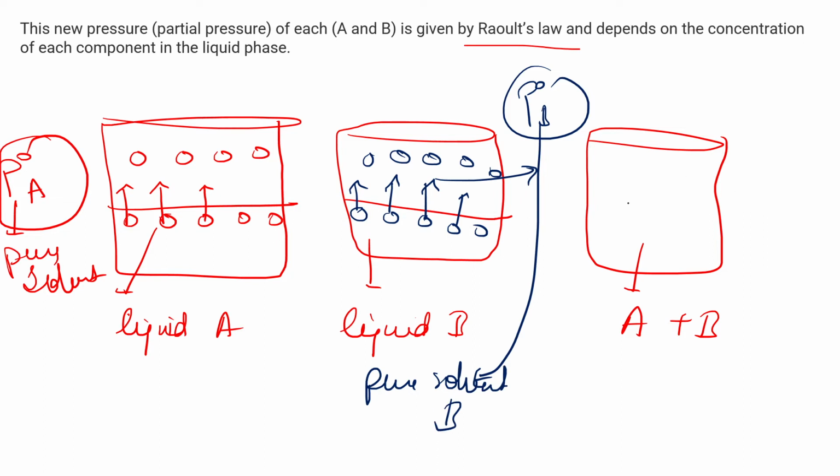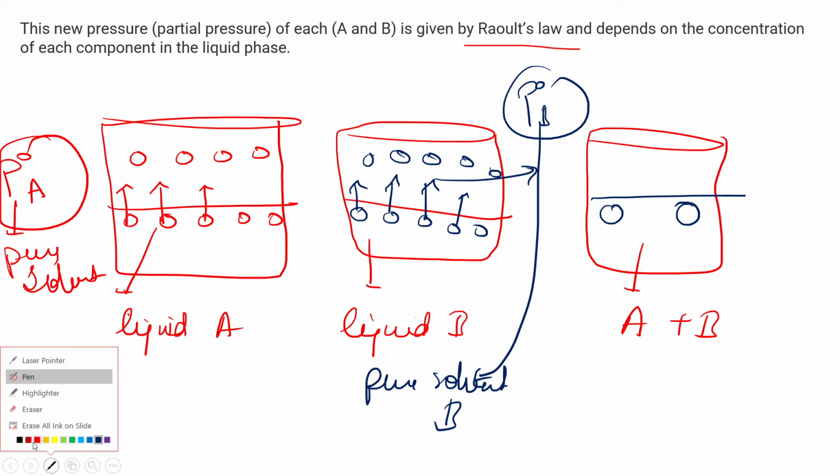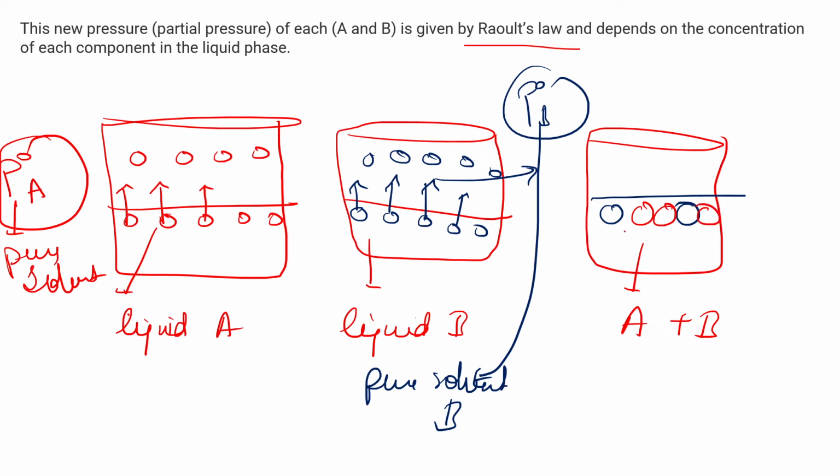Now, in the case of A plus B, molecules of A are present and molecules of B are present, so there will be fewer molecules of A and fewer molecules of B in the vapor phase.